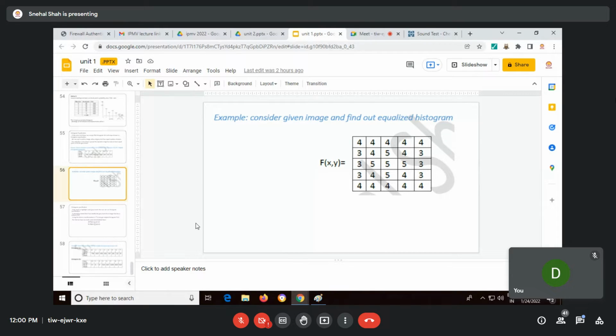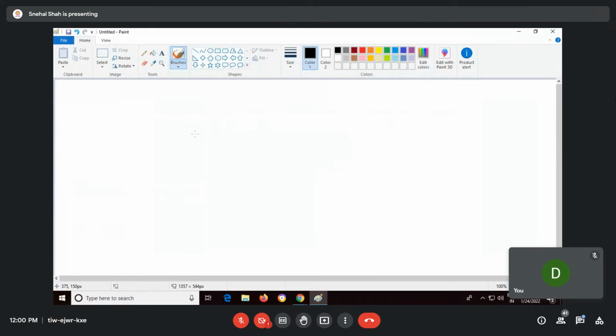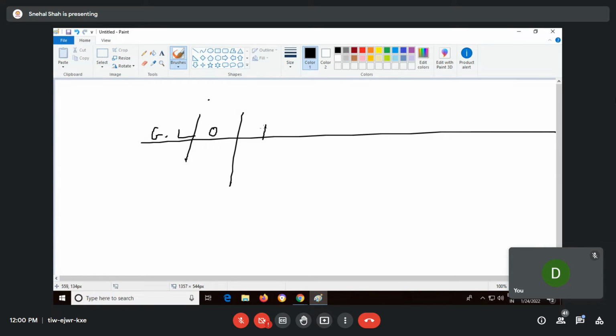Gray levels 0 to 7 in vertical form. Just wait. Gray levels 0, 1 up to 7.